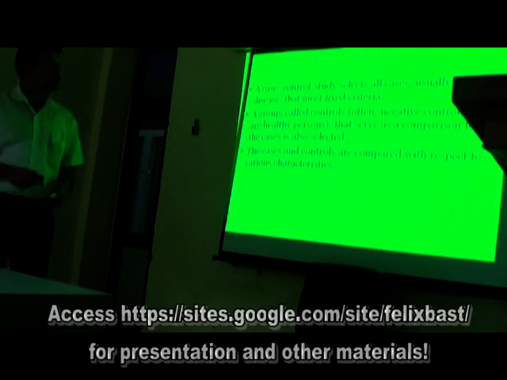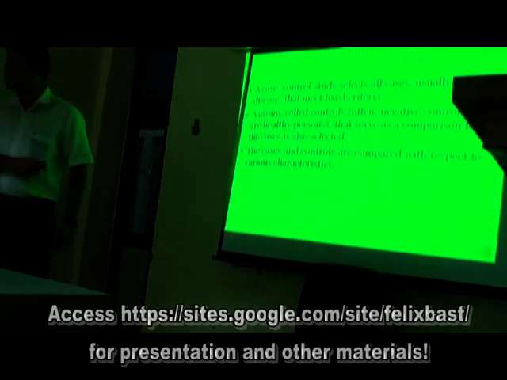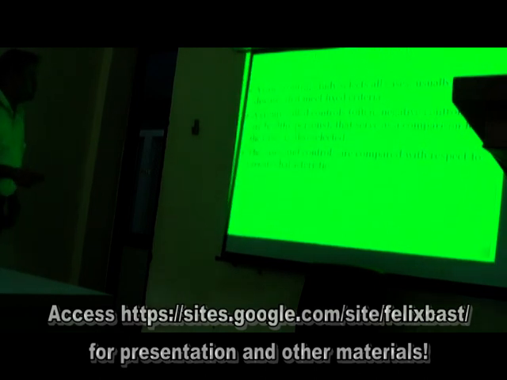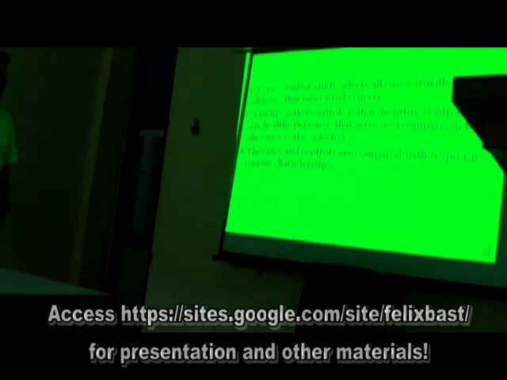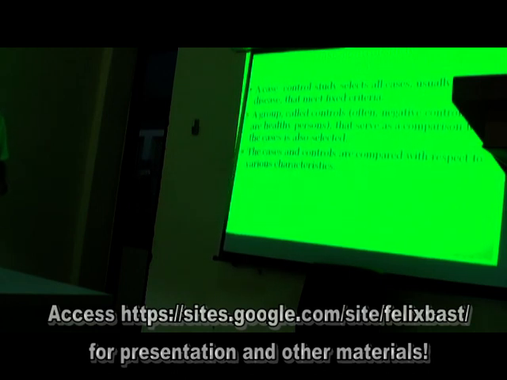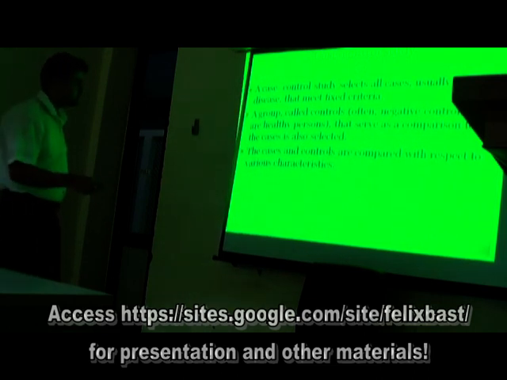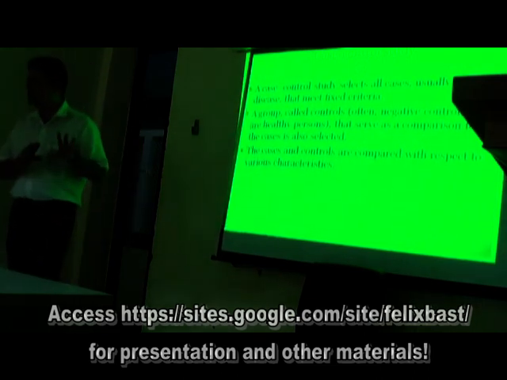So a case control study has cases and controls, and controls are mostly healthy individuals. The group normally called control, often negative, who are healthy and serve as a comparison to the cases, is also selected. The cases and controls are compared with respect to various characteristics. Is that clear? It's very simple.